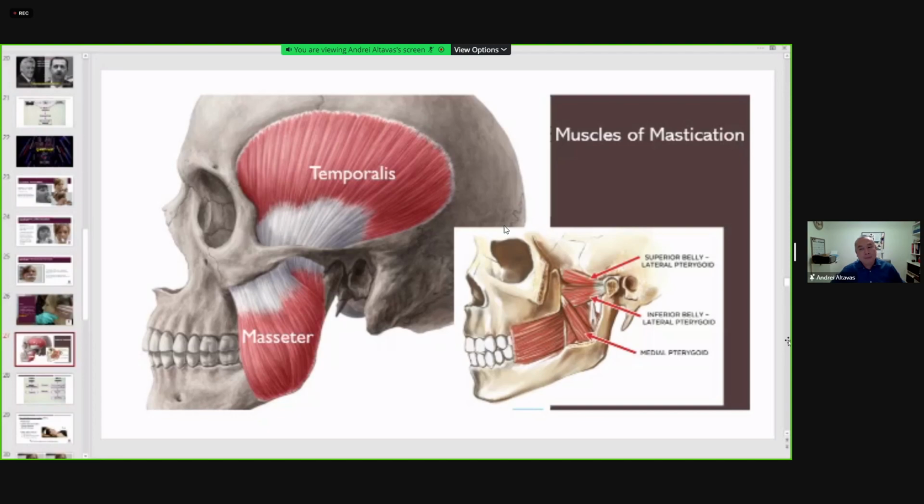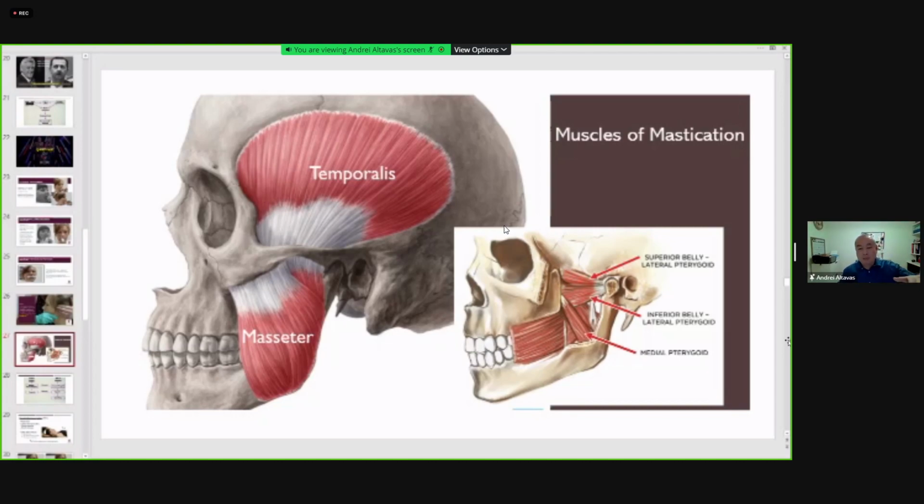I never test the strength of a patient's bite. I don't think it's necessary. They can overpower you and bite your finger off. But there are several things you can do to see how well they can hold a contraction, such as an isometric contraction.